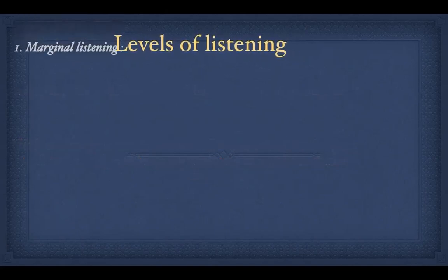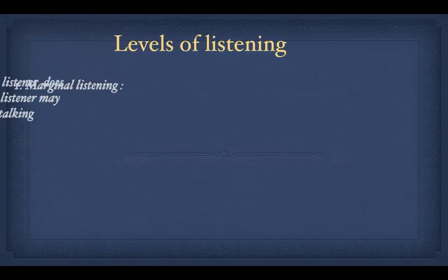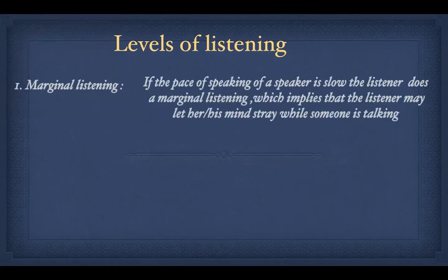Now next one is levels of listening. The first one is marginal listening. If the pace of speaking of a person is slow, the listener does marginal listening, which implies that the listener may let his or her mind wander while someone is talking.